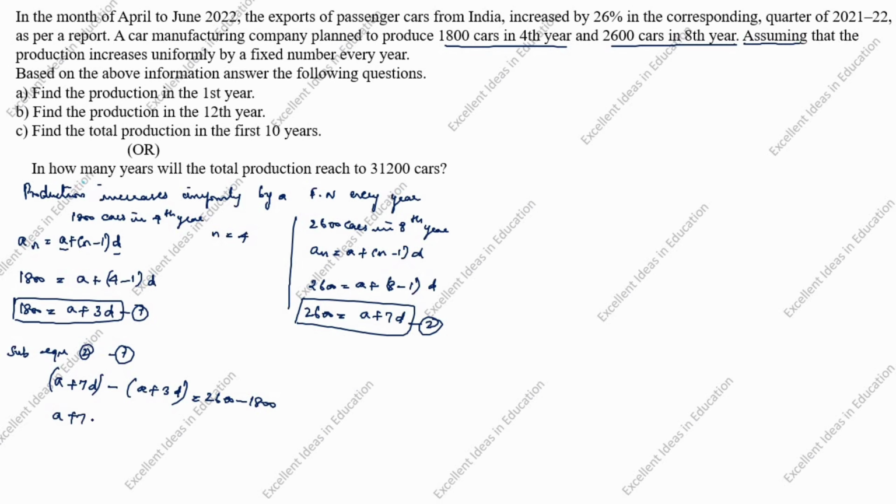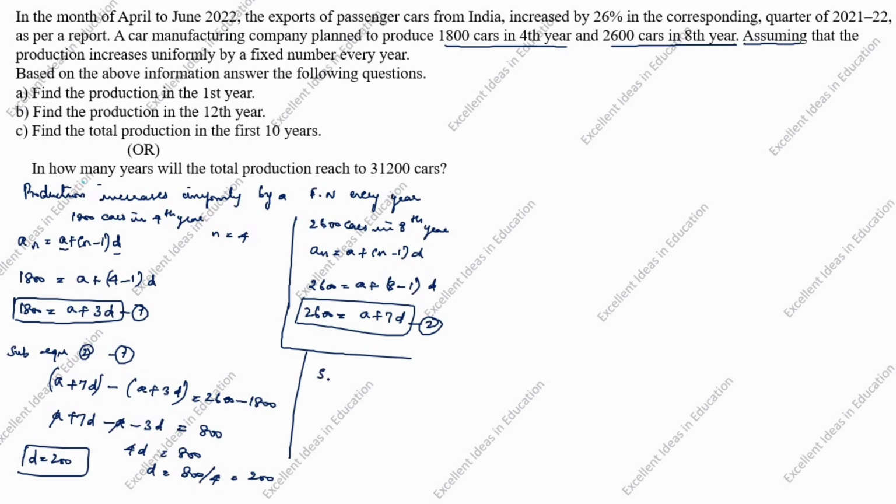Now remove the bracket: a plus 7d minus a minus 3d is equal to 2,600 minus 1,800, which is 800. a minus a cancels. 7d minus 3d is 4d, equal to 800. d is equal to 800 divided by 4, which is 200. d is equal to 200.